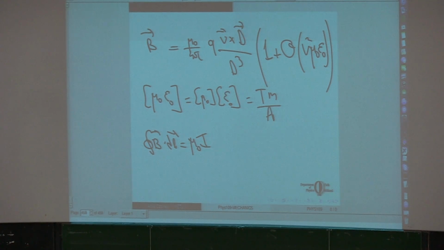Now, what is epsilon 0? Remember, E dot ds is equal to Q over epsilon 0. So epsilon 0 should have the unit Coulomb per electric field unit.